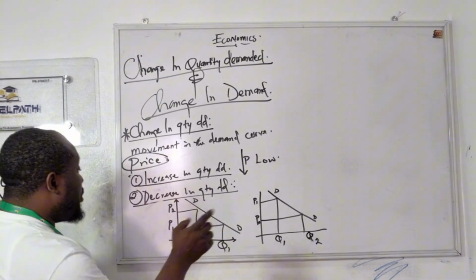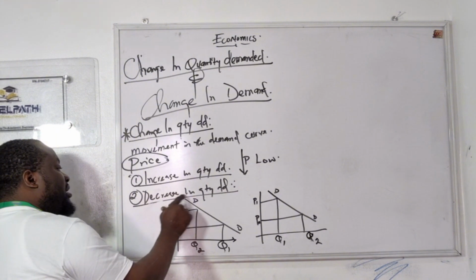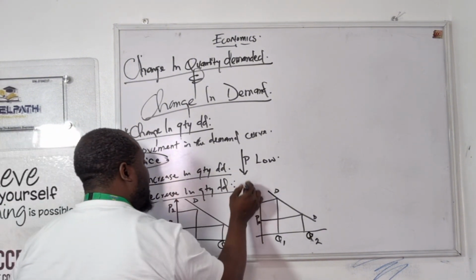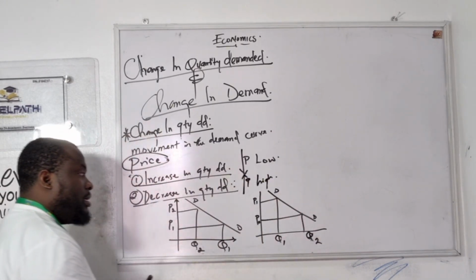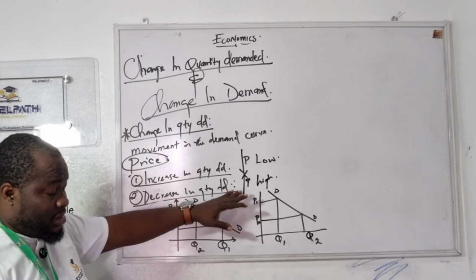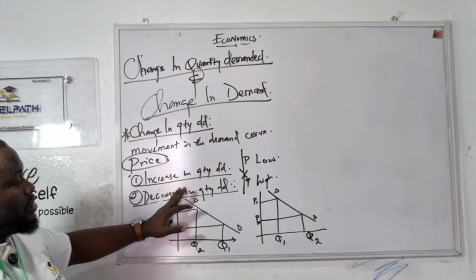Now, that is one. Then two, there's going to be a decrease in quantity demanded when the price of the commodity is high.